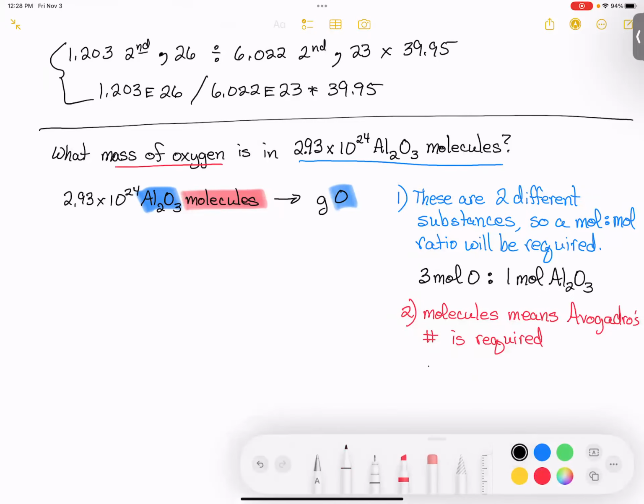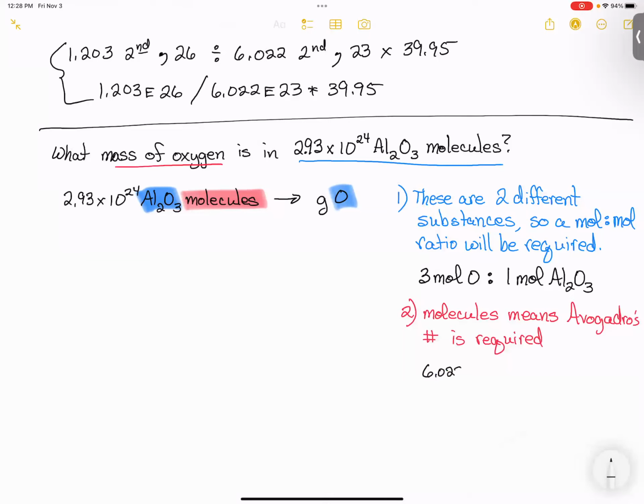That number being 6.022 times 10 to the 23rd. In this case, Al2O3 molecules is equal to 1 mole of that material, in this case, Al2O3.